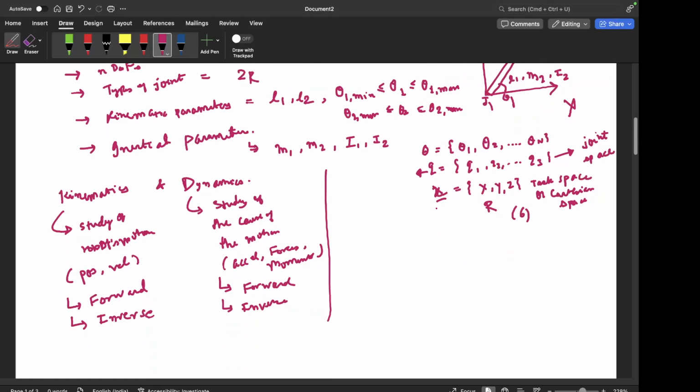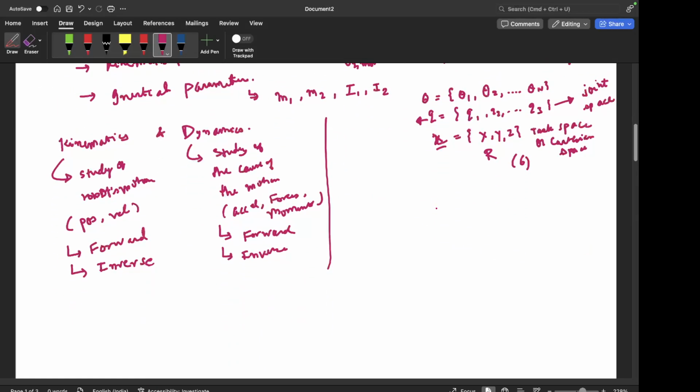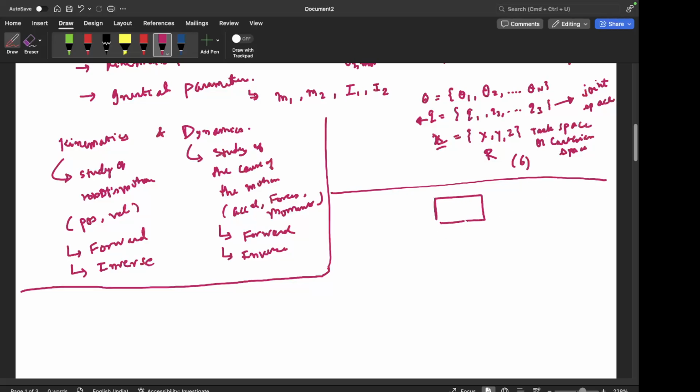Now the forward kinematics and the inverse kinematics are related to this concept, right? Forward kinematics, FK, takes the joint variables and gives me the value in the task space.